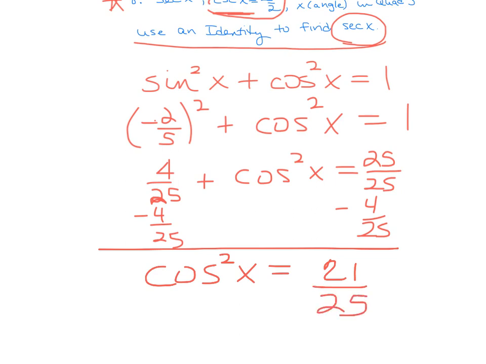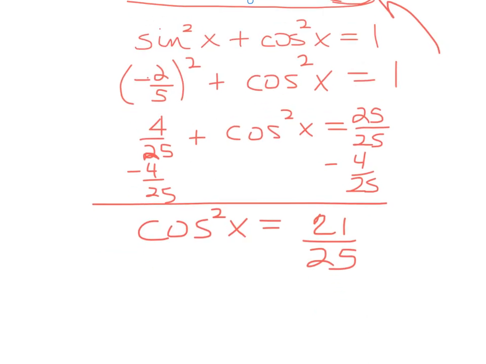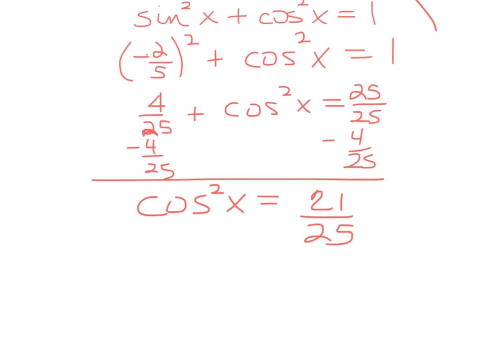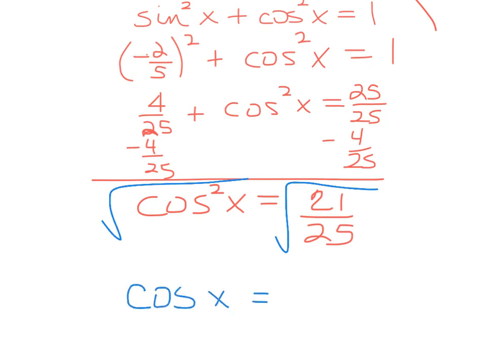Now, in my problem, they're asking me to find secant of x, not secant squared. So what I'm going to do is square root this. So this gives me cosine of x is equal to the square root of 21, and I can square root the 25, so it's going to be the square root of 21 over 5. And it's plus minus.